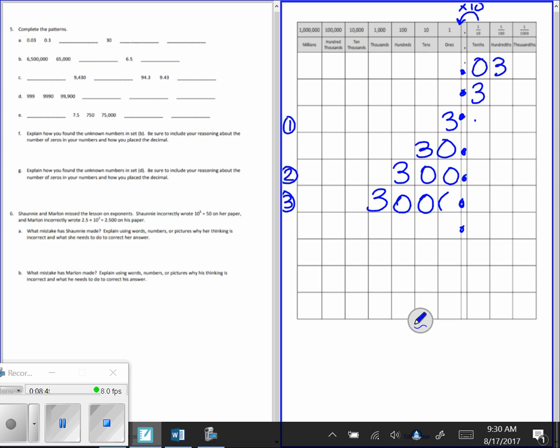In front of the decimal, you have to put zeros. So this would be my blank, this would be my blank, this would be my blank. I get it. Okay?